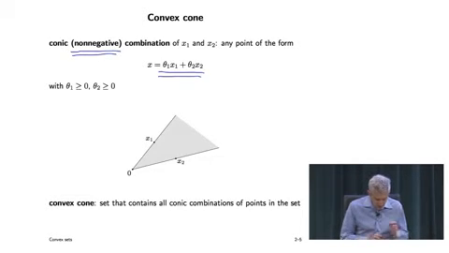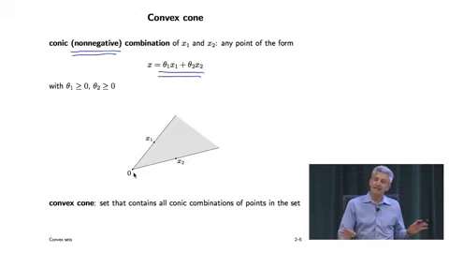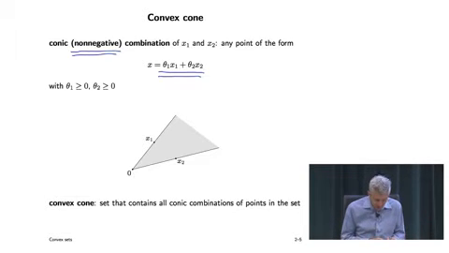Now geometrically the picture is this. Here's x1 and here's x2 and here's 0. Then the conic combinations are this sort of pie slice that goes between x1, x2, and 0. It sits in a plane. Even if x1 and x2 are in a high-dimensional space, this set of conic combinations lies in a plane that passes through 0, x1, x2.